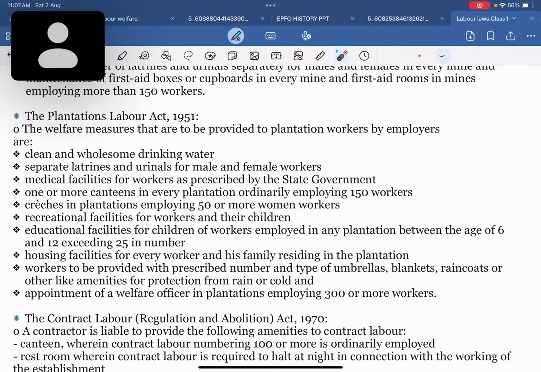So what will the government do? Nothing. Until you send the affidavit or the complaint to the government that I am getting this much, this institution is paying only this much to me, and this is a violation of my fundamental rights, only then will the government take a decision. Then only will the government take action on that.